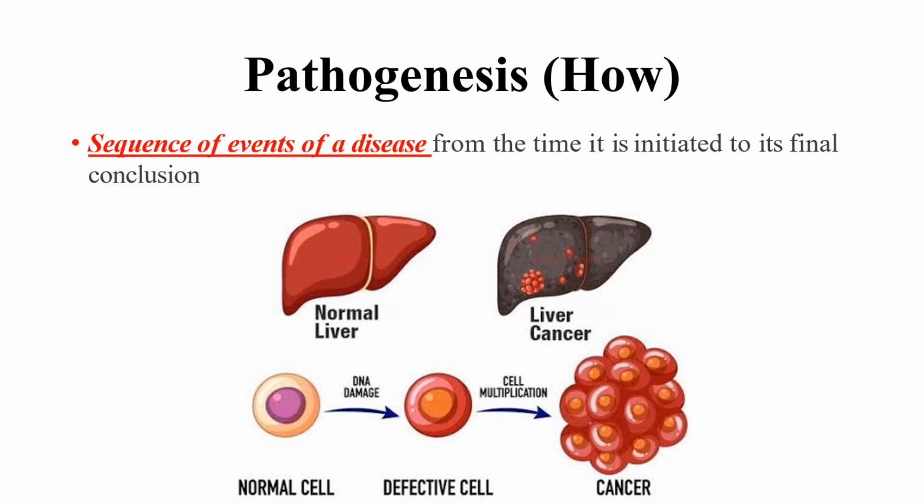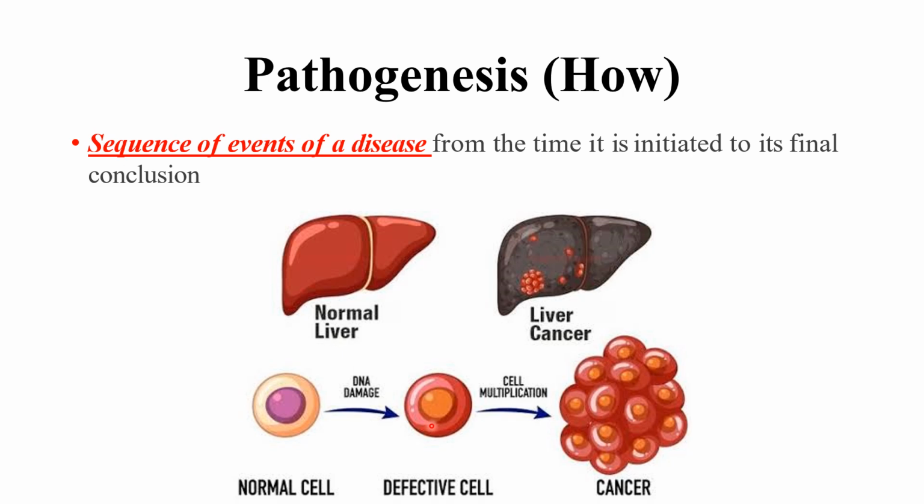For example, in this picture, again we take the example of the liver. This is the normal liver, and here you can see the cancerous liver. Normally, first this is the normal liver cell. Then in this cell there can be some mutations which result in DNA damage, which will result in a defective or damaged cell.